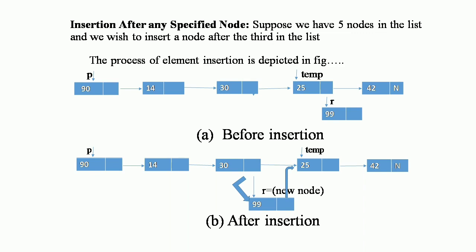After 30 you have a connection to another node, 30 node connected to 90, and that 90 node connected to the temporary node, which is 25. After 25 you have 42.